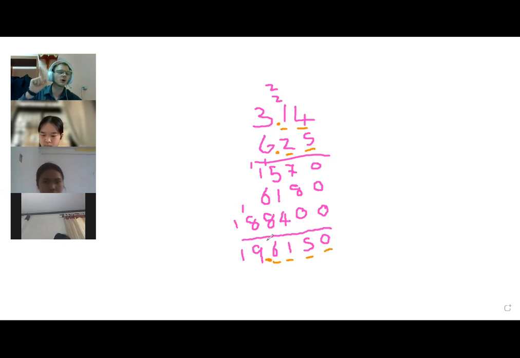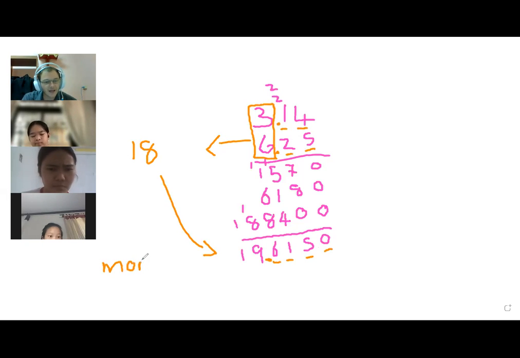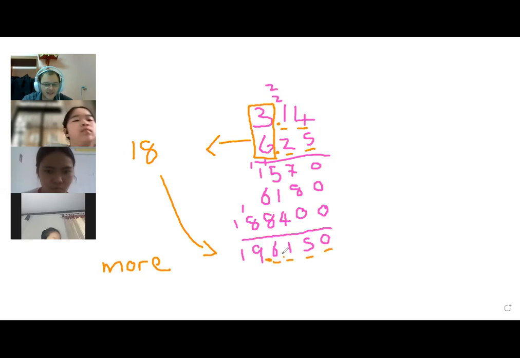And how do we make sure that it is correct? We take the first 2 whole numbers, multiply together. That will give us 18. So we know that our answer must be more than 18. It cannot be less than 18, and it cannot be 190. 190 is too big.